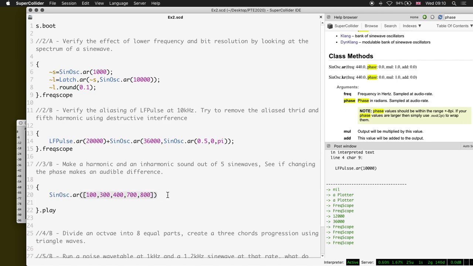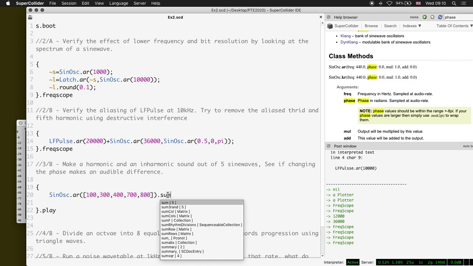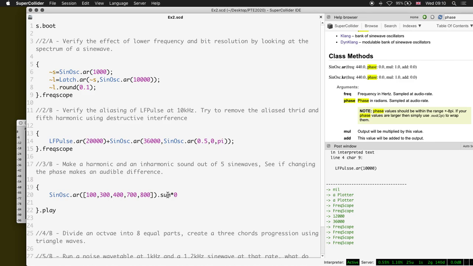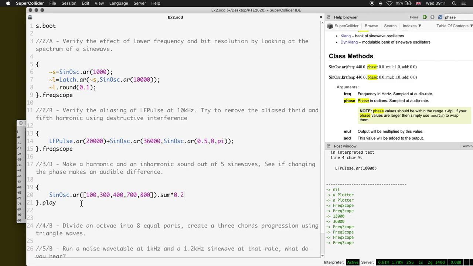So what you actually need to do is sum these things. We have a sum command, and the other thing that I will do is lower the amplitude because there will be some constructive interference there. We will go beyond 1 and thereby clip the signal. Okay, so this thing is my harmonic sound.